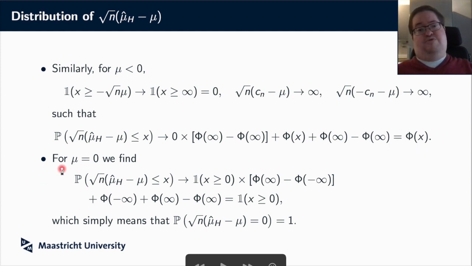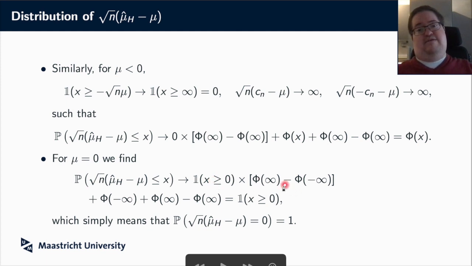Finally, for mu equal to 0, that's the one case that is different. We actually already know the outcome there, because we know that we set our estimator equal to 0 with probability converging to 1. Let's see if we can also find that in the distribution. We have this indicator function, which is either 1 or 0, depending on whether x is larger than 0 or not.